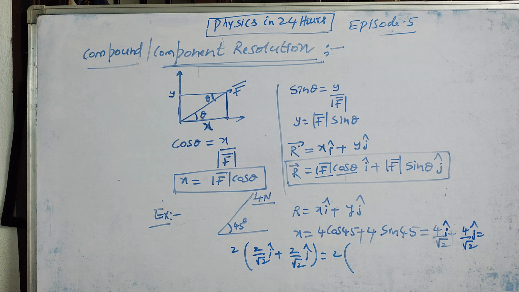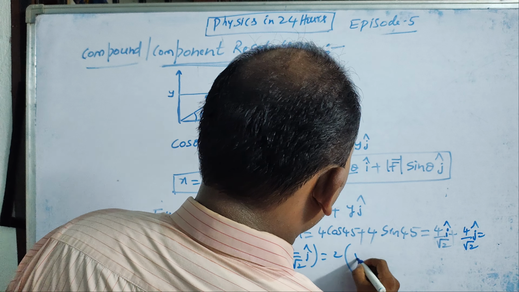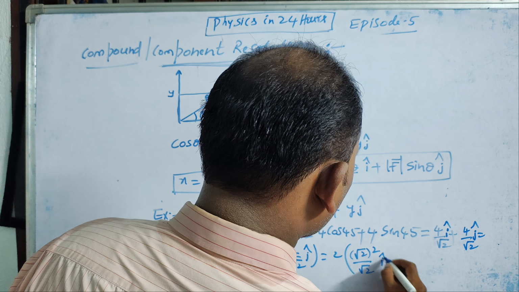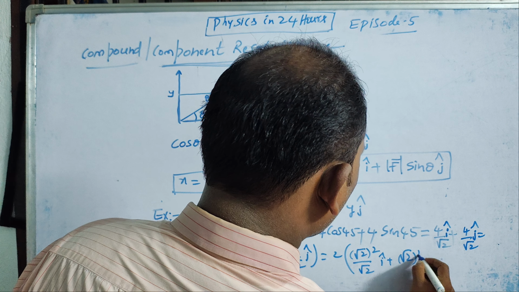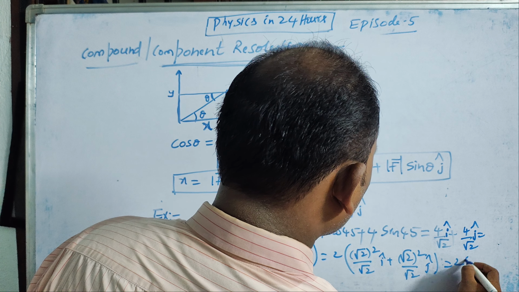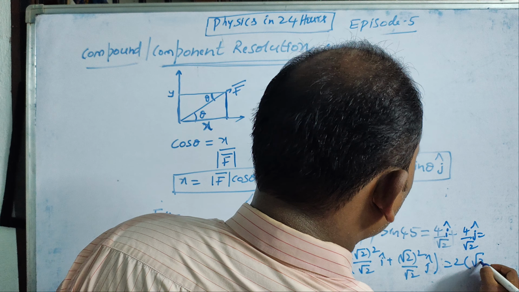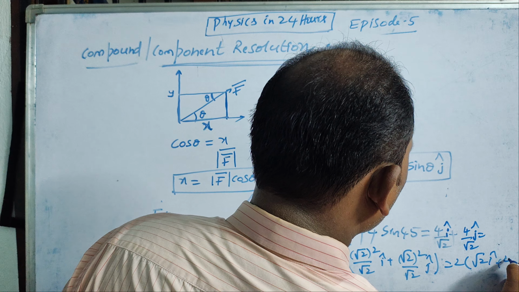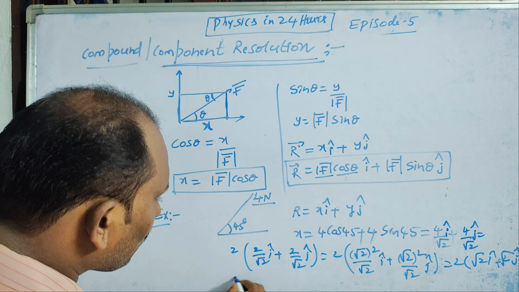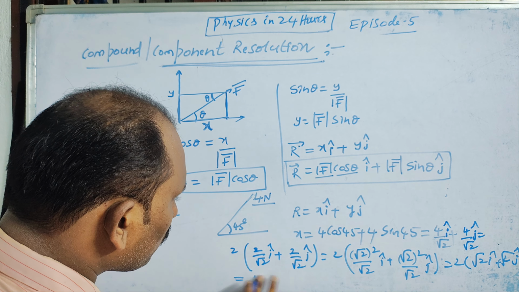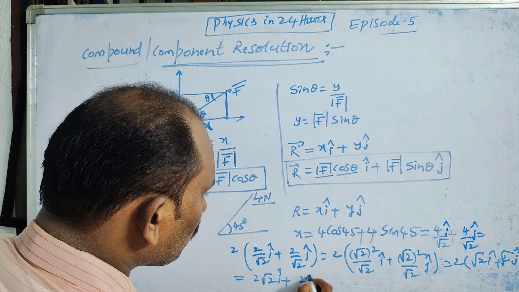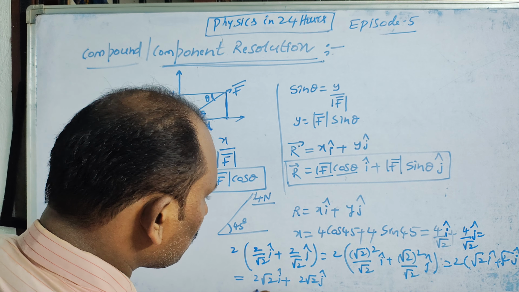2 by root 2 i cap, how can I write it? Root 2 whole square by root 2 i cap plus root 2 whole square by root 2 j cap. So what you get? 2 into root 2 i cap plus root 2 j cap. So finally what you get? 2 root 2 i cap plus 2 root 2 j cap. This is the answer.